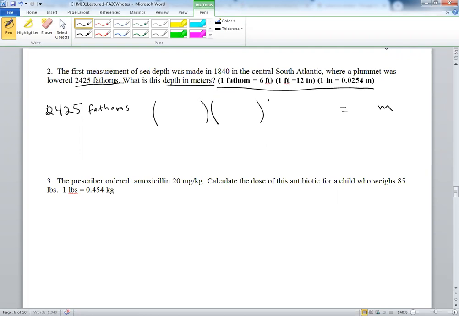Now, I'm going to give you a word of precaution here. You may be given 3 conversion factors, and most of the time, generally, that's how many you need. If you're given, let's say, 3, 4, 5, that's what you need to use.